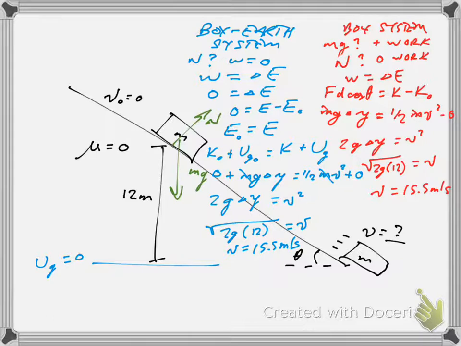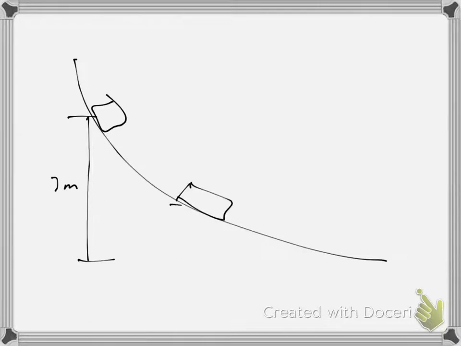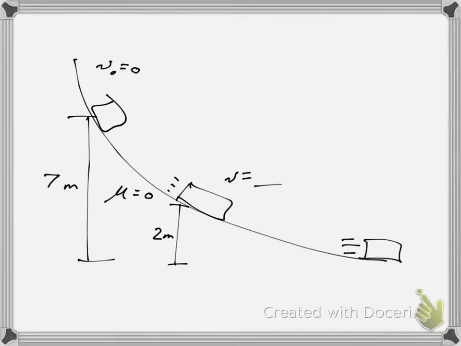All right, so what's useful about these approaches is if I get a situation like this, where it's going to slide down a frictionless incline, but the incline is going to be curved. Now, with your kinematics that you've learned so far, you're completely at a loss here, because even though you can find the instantaneous acceleration at any point, if you know the angle at that point, that acceleration is constantly changing, and all of our kinematics approaches so far have depended on a constant acceleration.